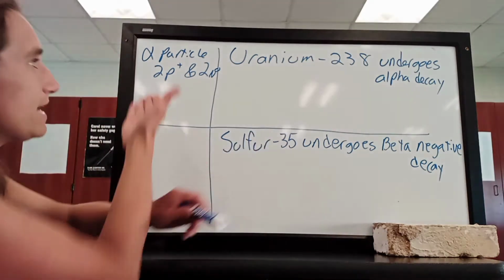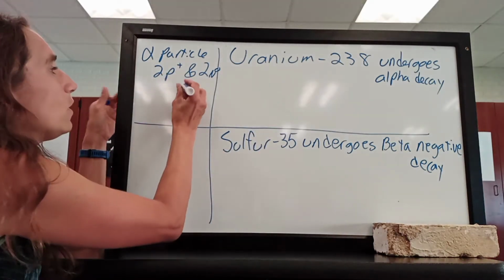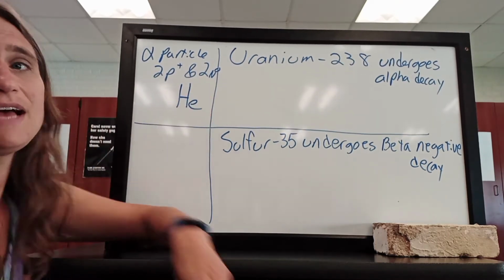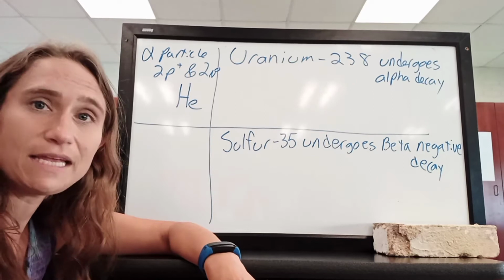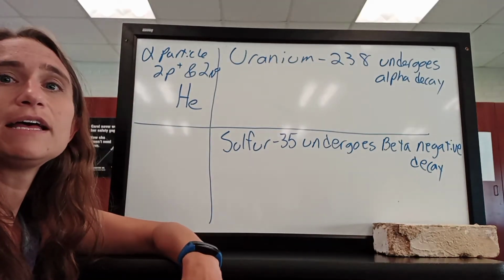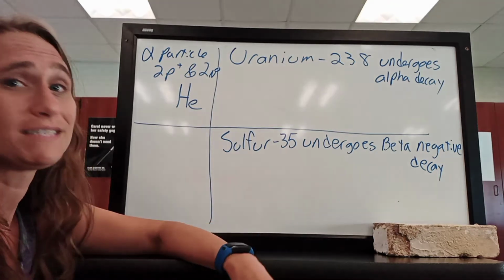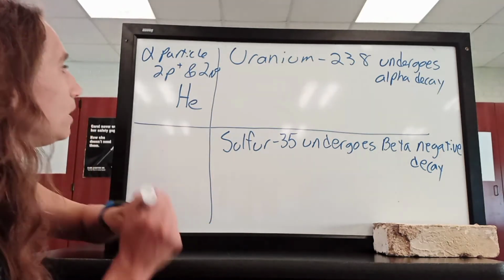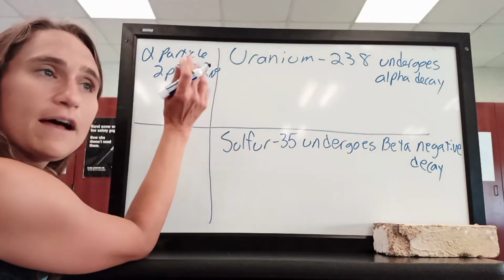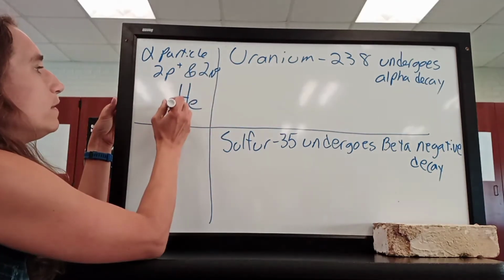Because it has 2 protons in it, we know that it really is a helium atom. Anything that has 2 protons is helium. So my helium atom here has 2 protons and 2 neutrons. If I want to write it like the isotopes, like we did on the table, I put the atomic number on the bottom.